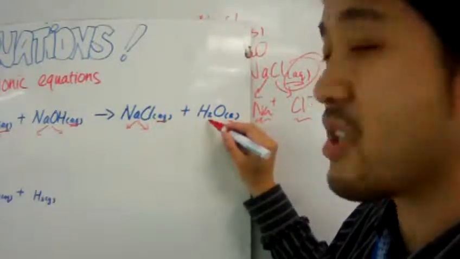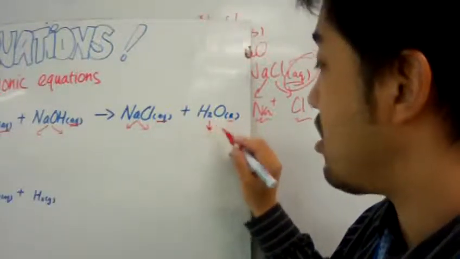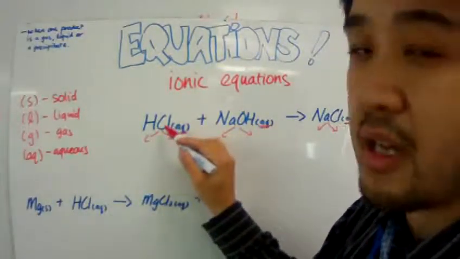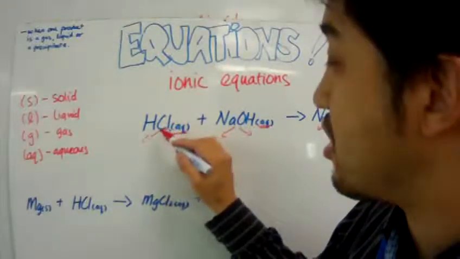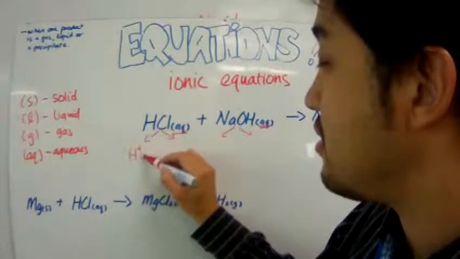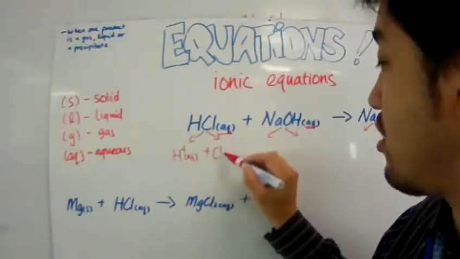It remains in covalent bond, and so it does not dissociate or ionize. Looking at hydrochloric acid in water, hydrochloric acid will completely ionize into hydrogen, and I'm writing this down like that, and chloride.